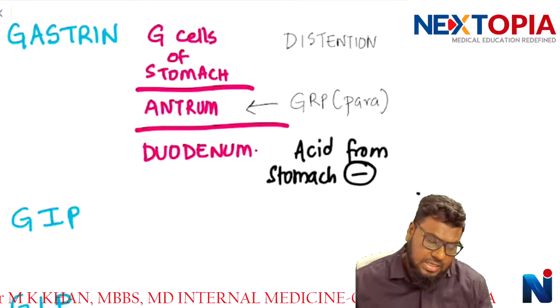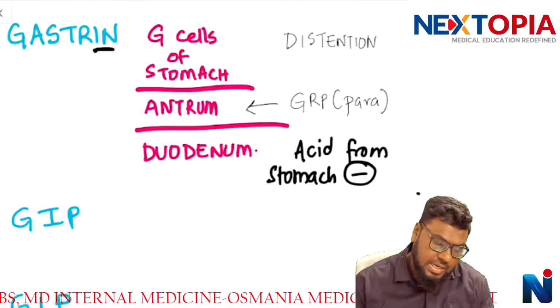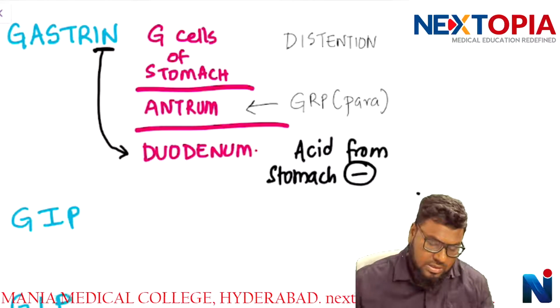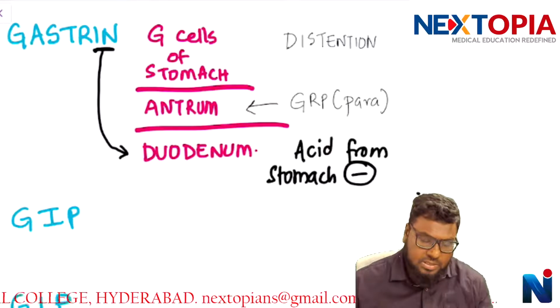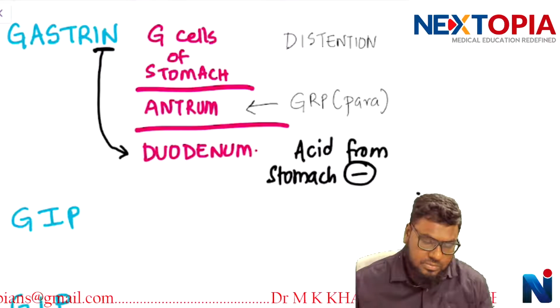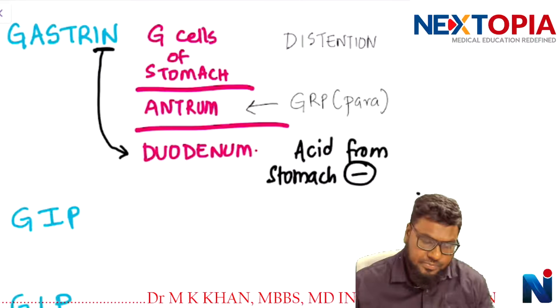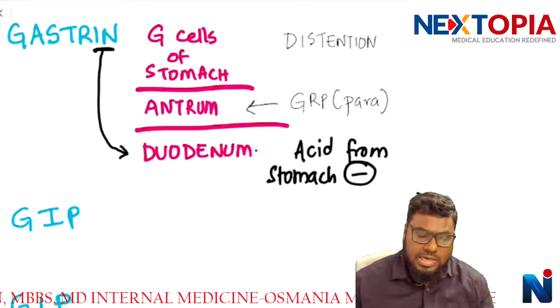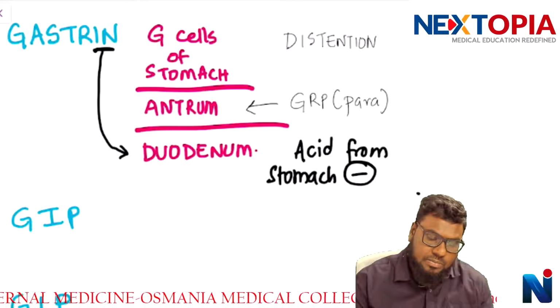So acid in the stomach inhibits, if you can remember this, acid from the stomach inhibits gastrin release in the duodenum. All right. What is the function of gastrin? It increases the GI motility. So what is the function?